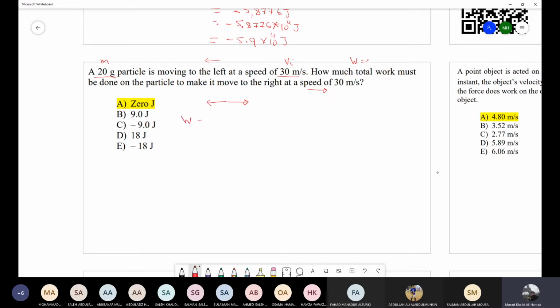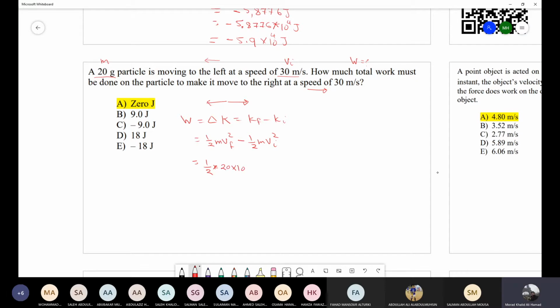Okay, we know that work is the change of kinetic energy, which is equal to K final minus K initial. So it is equal to half m v final squared minus half m v initial squared. Okay, I can write half times, note that the mass is in grams, I can convert it to kilograms.